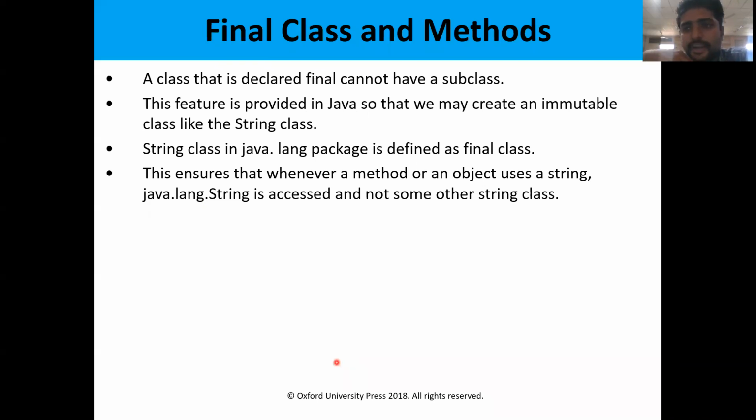If you create a method as final, that method cannot be modified, or that method cannot be extended. So final is a keyword. We can use it at the starting of the declaration of the class or any method. We can declare the class or method as final.